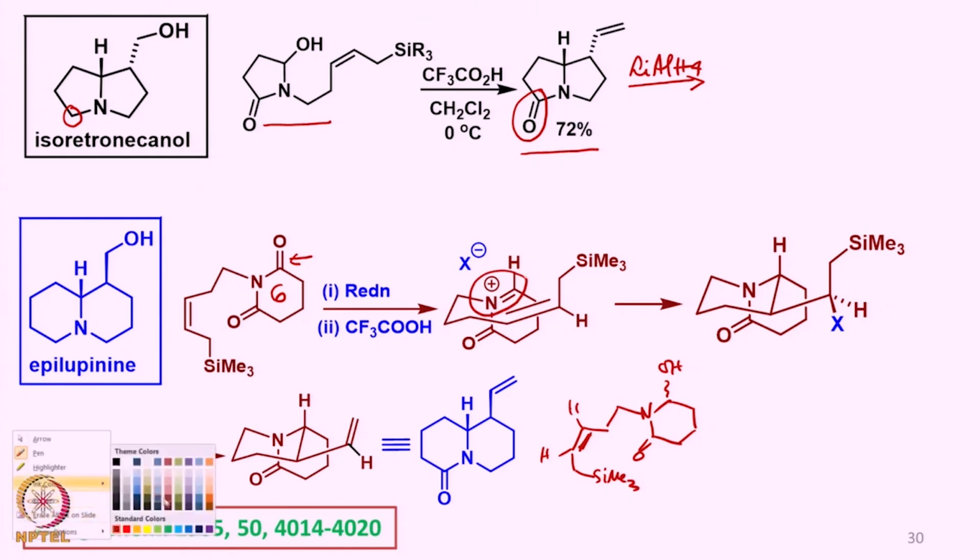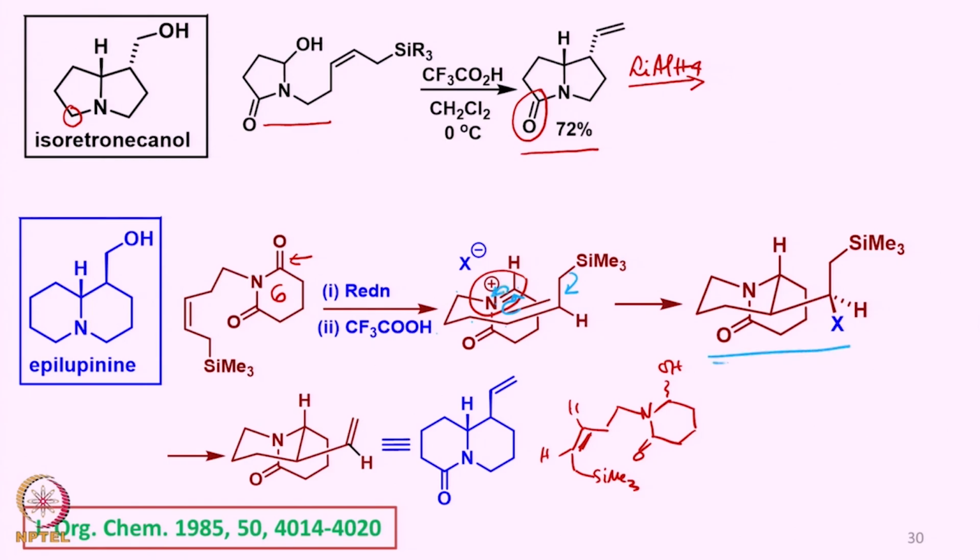from here like this, from this carbon atom. So this is 1, 2, 3, 4, 5 and 6. So you have cyclization taking place in this fashion to form this intermediate, and this intermediate can then be understood to lead to the formation of this particular product, and therefore that particular product again has this lactam part, and this lactam can be reduced to form the corresponding epilupinine.